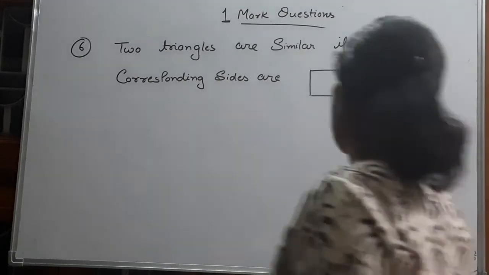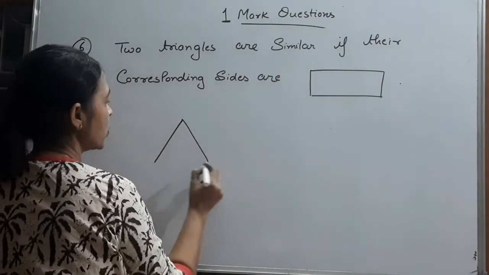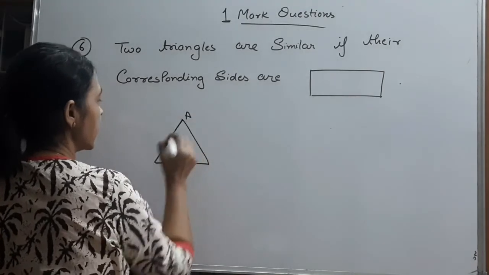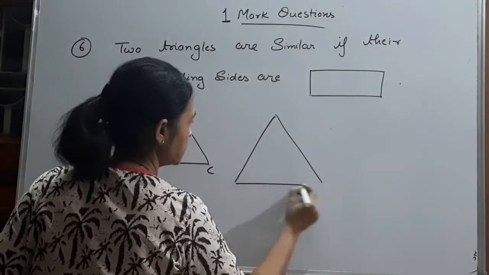Two triangles are similar if their corresponding sides are... We have two triangles, let ABC and PQR.